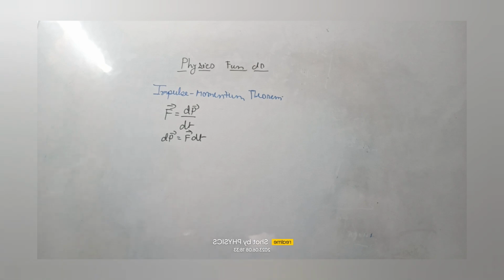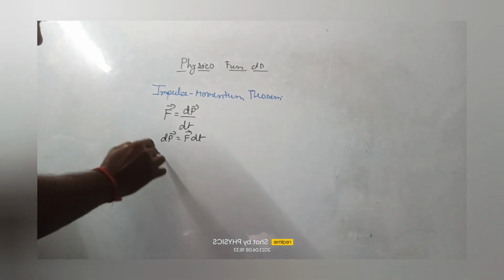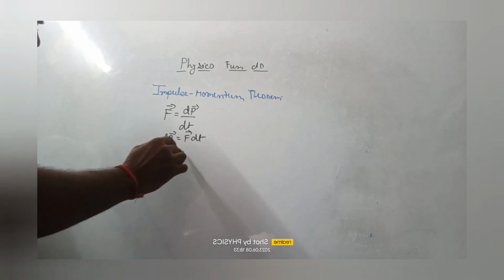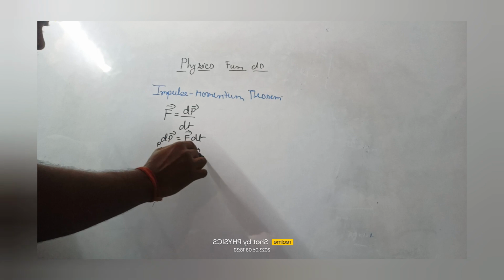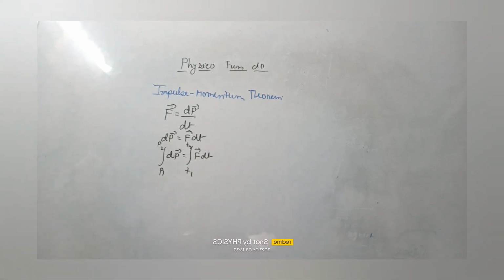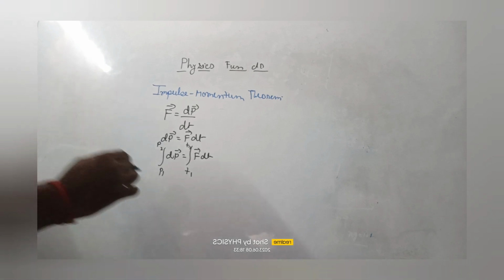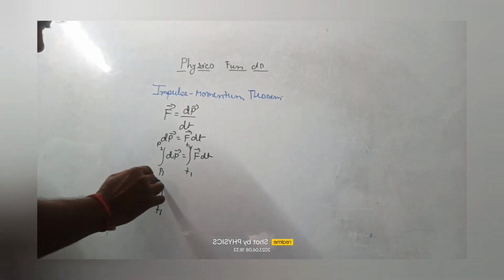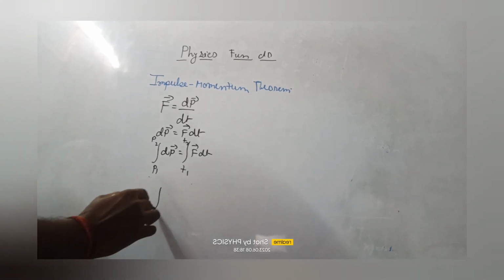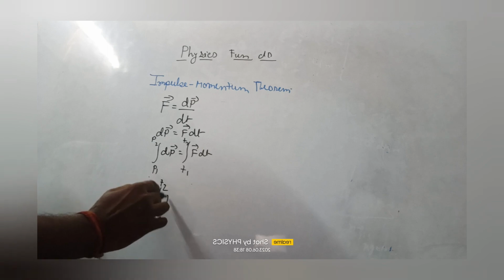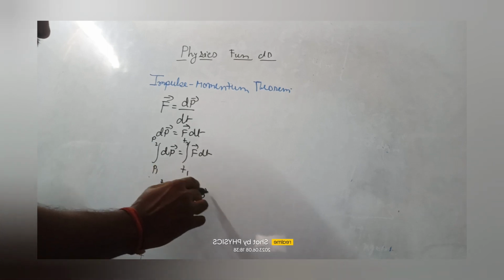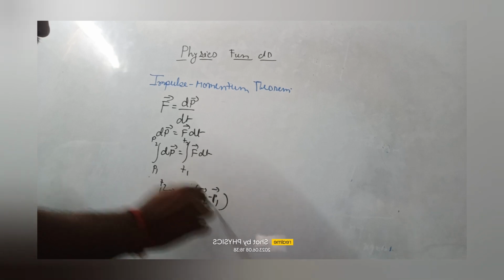Now integrate it from P1 to P2 for dp, and F dt from T1 to T2. Now we have the integration from T1 to T2 of F dt is equal to P2 vector minus P1 vector.